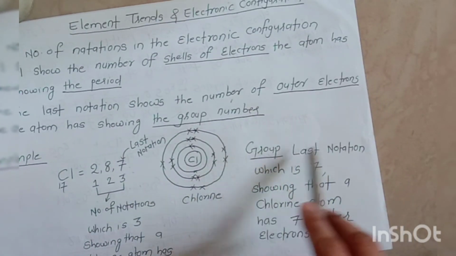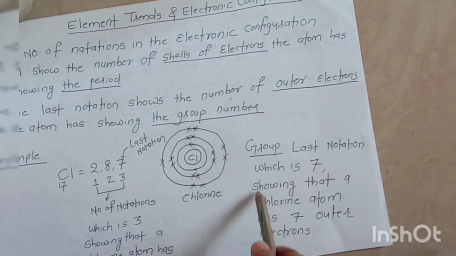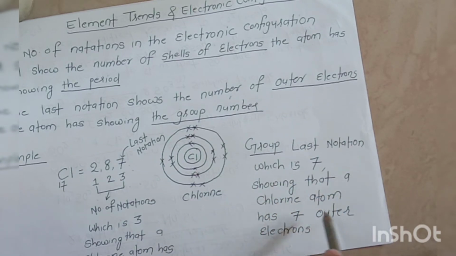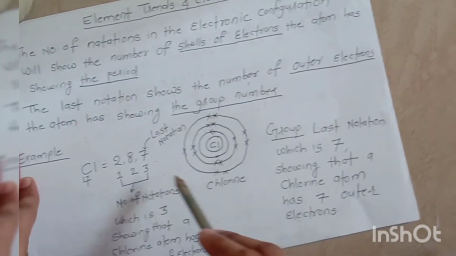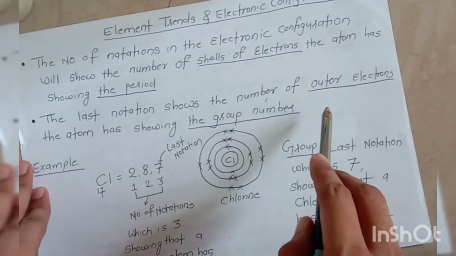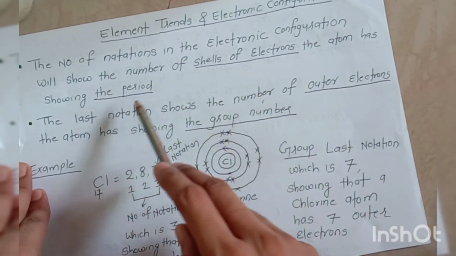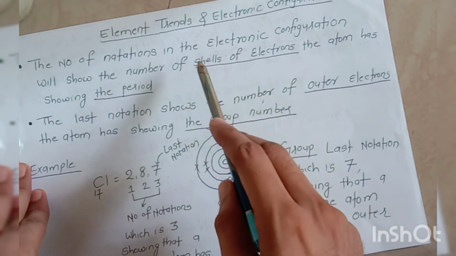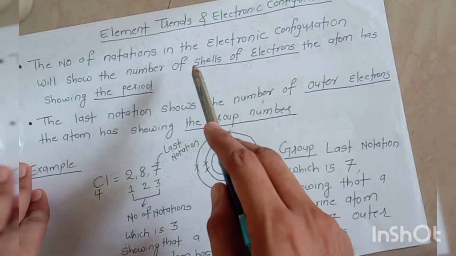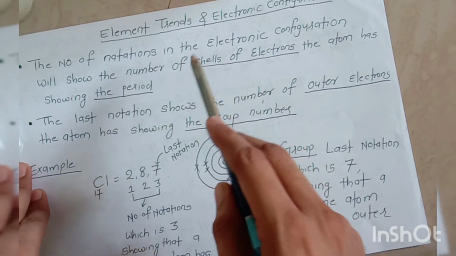The last notation, 7, shows that a chlorine atom has 7 outermost electrons. So the last notation shows you the outer electrons, and the number of notations tells you the number of orbits or shells.